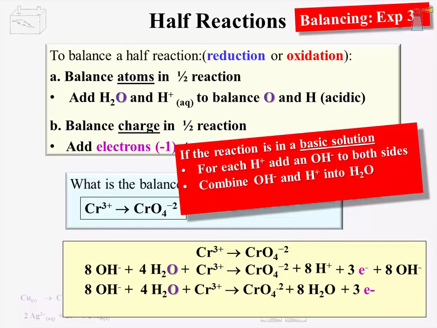Nothing has really changed. The atoms and charges that were 8 hydrogen ions and 8 hydroxide ions are now in the 8 water molecules. All that has really occurred is that the hydrogen balancing, originally done by 8 hydrogen ions, is now done by 8 hydroxide ions.